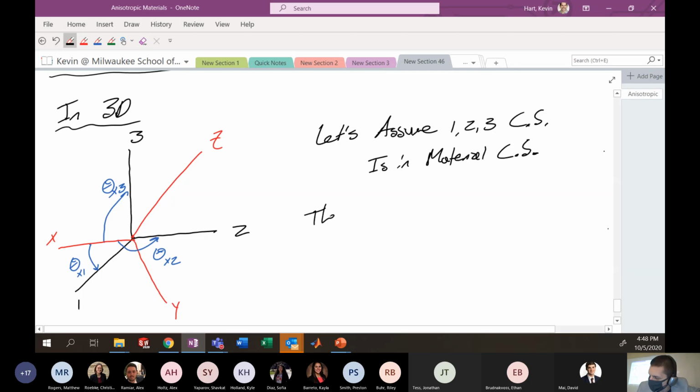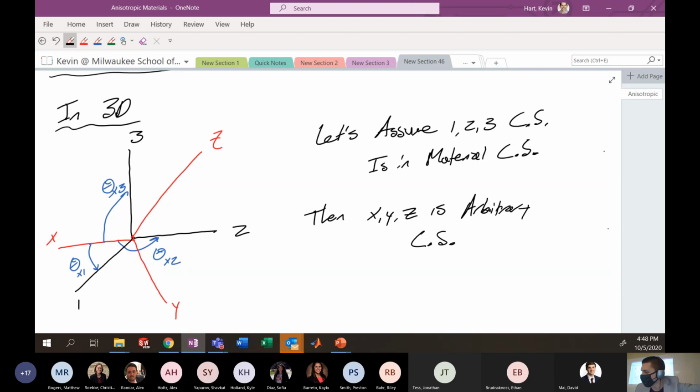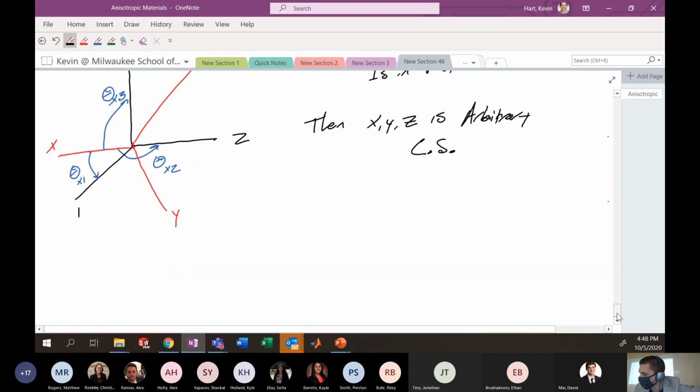And then x, y, z is an arbitrary coordinate system. Maybe that happens to be the coordinate system of the loading that we're in, right? Loading this in some arbitrary general fashion. That might be something that we have.